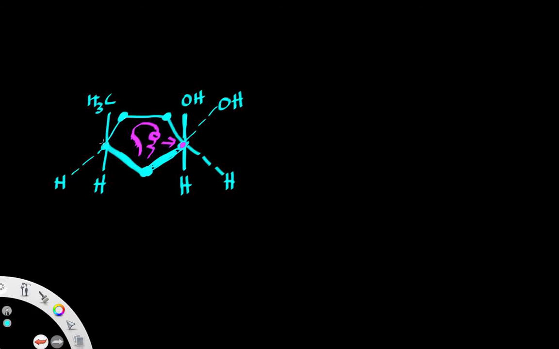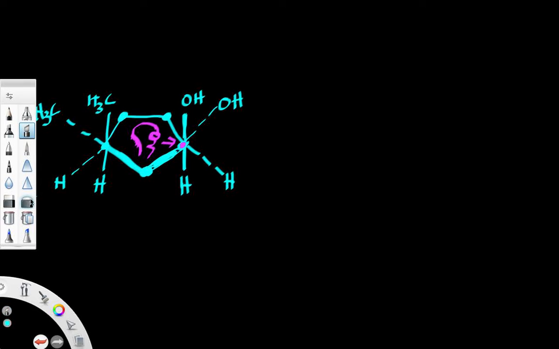So we can show our hydrogen, and over here we can show our methyl. So for clarity, I will try to erase this so it doesn't get in the way of our future reference points.